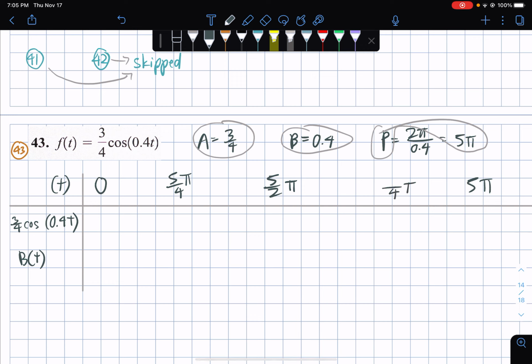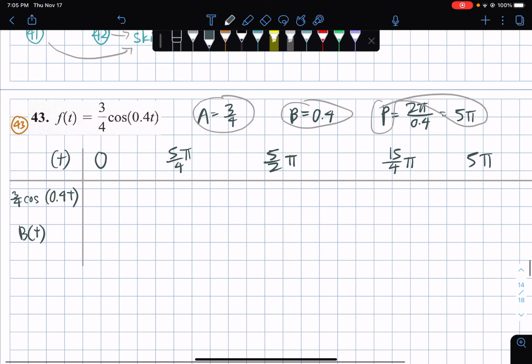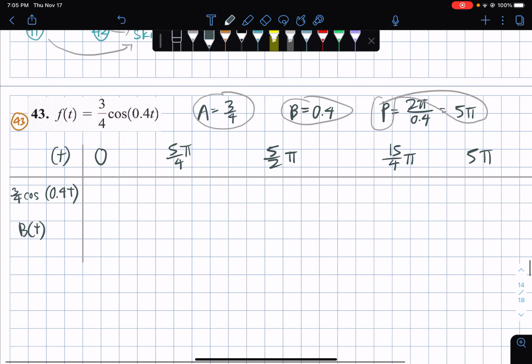And the next is, I guess, 15 pi over 4. Okay, so multiply those t variables with 3 over 4 cosine 0.4. We get the following: 3/4, 0, negative 3/4, 0, and positive 3/4.